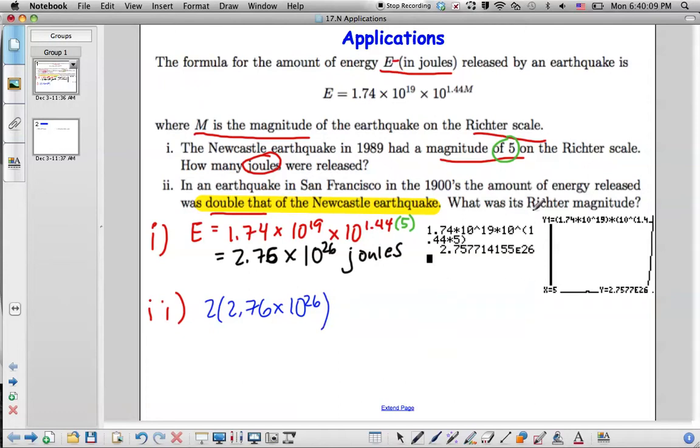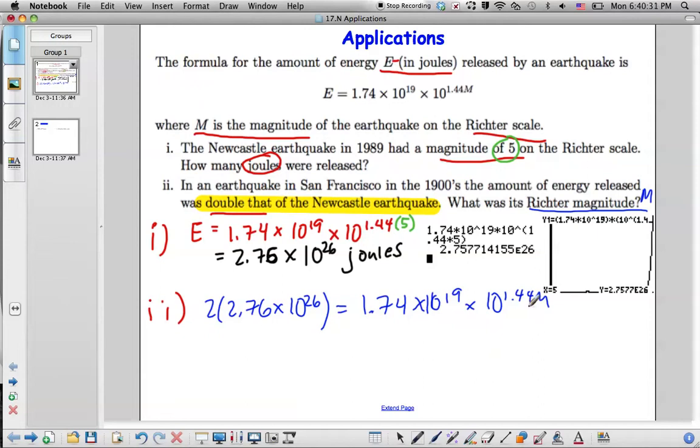We want to know what the Richter magnitude is, also known as our value m. So we can set this equal to our equation, 1.74 times 10 to the 19th times 10 to the 1.44 m. Alright, so how do we solve this?